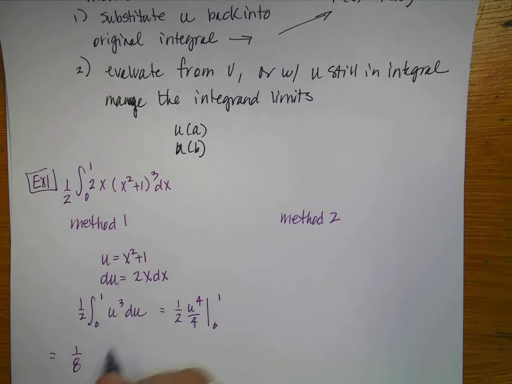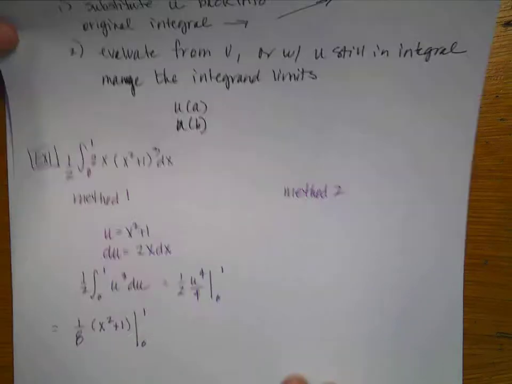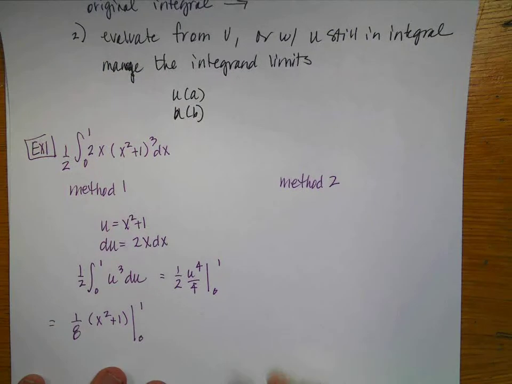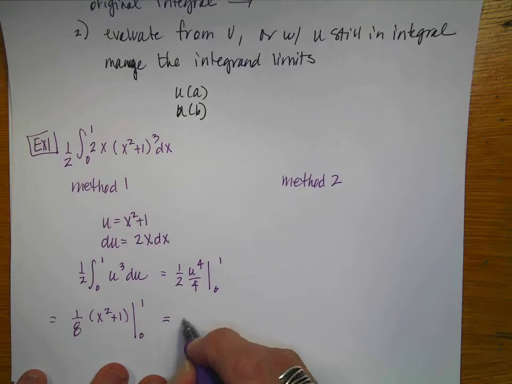And then I'm going to substitute my original u back in. Here's the x squared plus 1, and then I'm going to evaluate from 0 to 1. And at this point, I'm going to stop because my assumption is you know how to do this. When I do that math, I get 15 over 8.